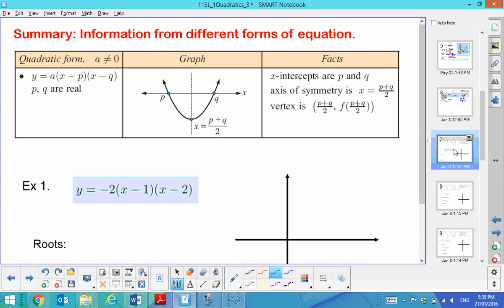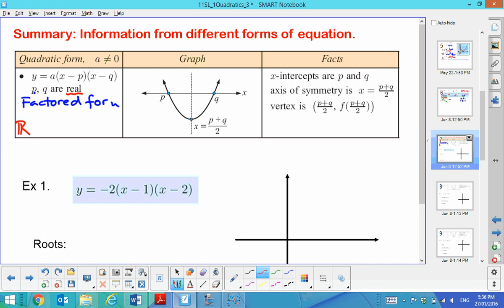The book now goes through a summary of all the different types of equations. So the first one we looked at was in factored form. So a quick summary here. Factored form, P and Q are real numbers. The notation for a real number is that notation.